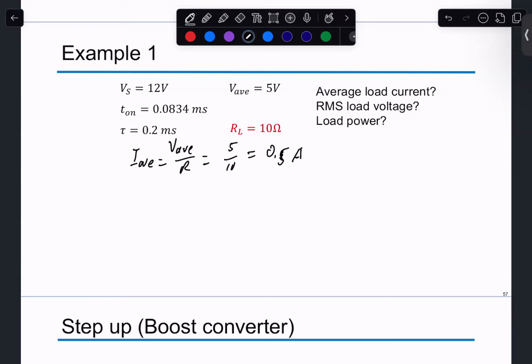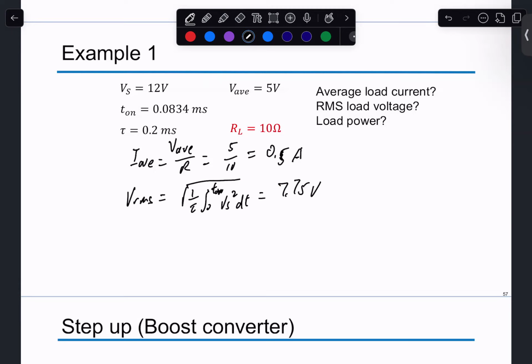And we can compute the RMS voltage, again by definition. It's 7.75 volts.